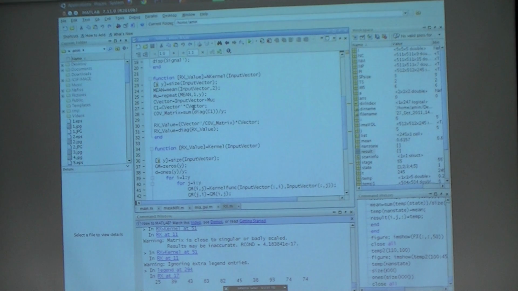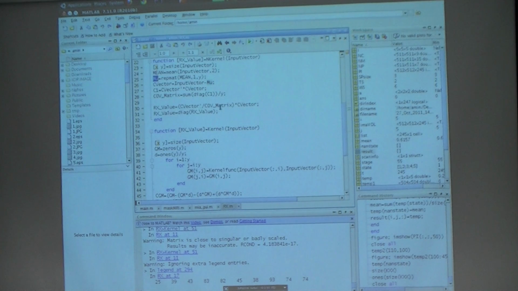In the non-kernel version, I find the mean, and with some technique I subtract the mean of all of the values, and here I estimate the value of Rx in the column matrix, where the diagonal is the value of Rx.